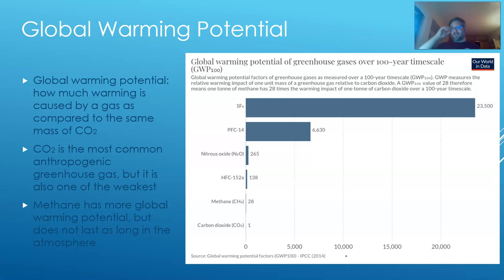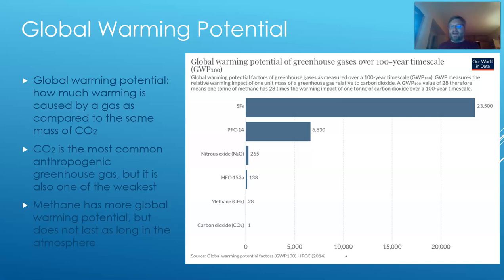One of the reasons we're using it as the standard is because it's a nice low number, and then everything else is several times more than carbon dioxide. You can see nitrous oxide there is 265 times higher global warming potential than CO2. SF6, which is a very much more rare chemical, but when we do get it, it has 23,000 times the global warming potential of CO2.